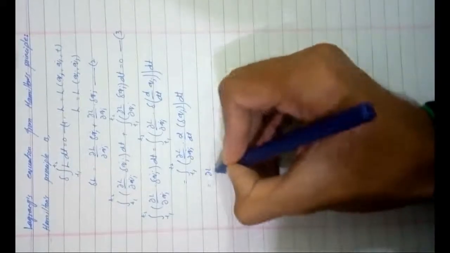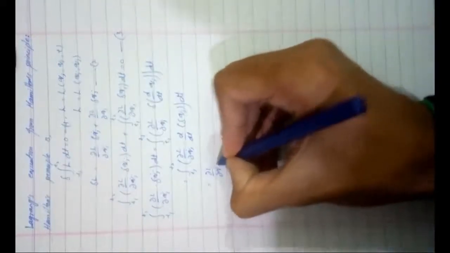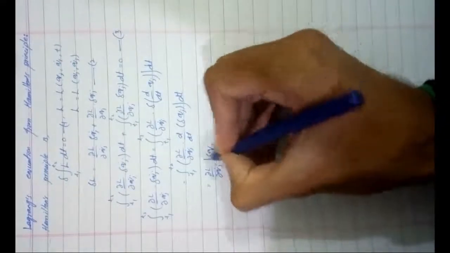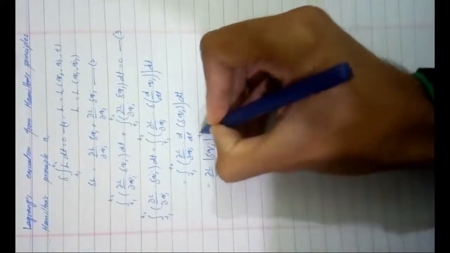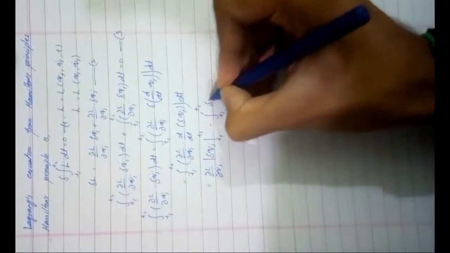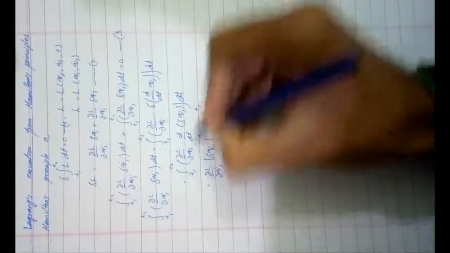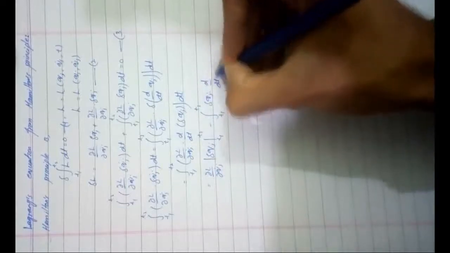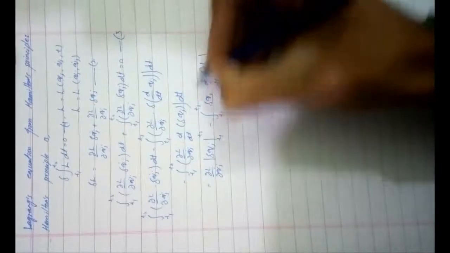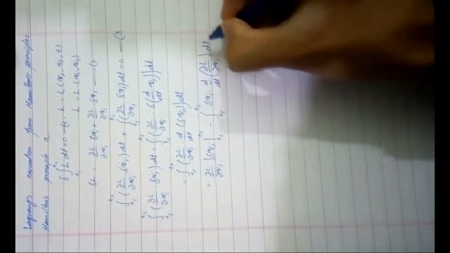So first function as it is, integration of the second, which is between t1 and t2, minus integration of the second and derivative of the first, which is d over dt of partial L over partial q dot j, into this dt.